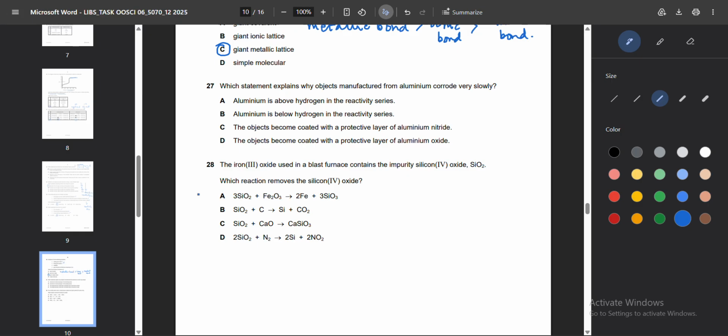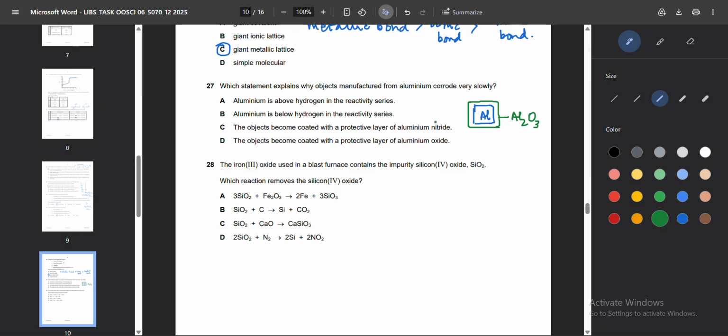Now next question, number 27. Which statement explains why objects manufactured from aluminium corrode very slowly? The reason is that a block of aluminium forms a coating around itself of aluminium oxide.